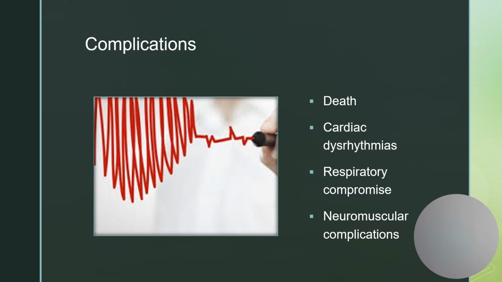Respiratory compromise comes from a decreased cardiac output and electrolyte imbalances. They affect respiratory function up to and including respiratory failure. And neuromuscular complications might cause confusion or muscle weakness.